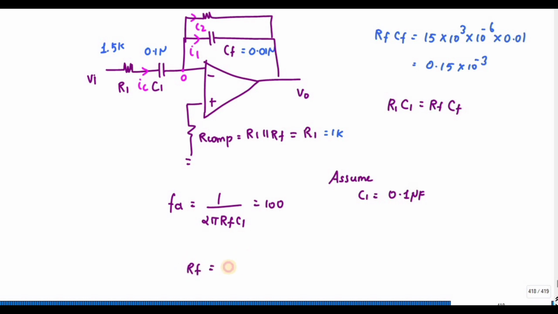You will get RF is equal to 1 divided by 2 pi into 0.1 into 10 power minus 6 into 100. So you will get the RF value is equal to 15.9K. So take RF is equal to 15 into 10 power 3.